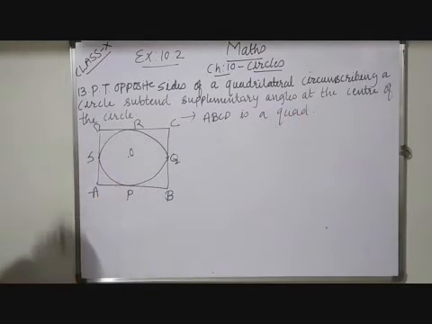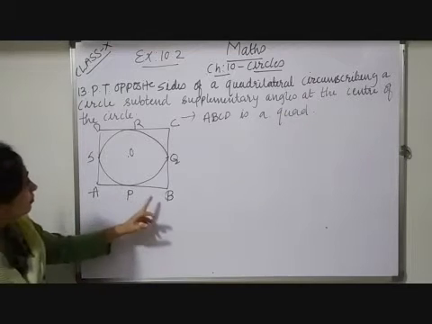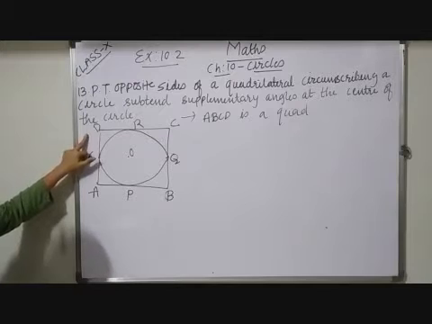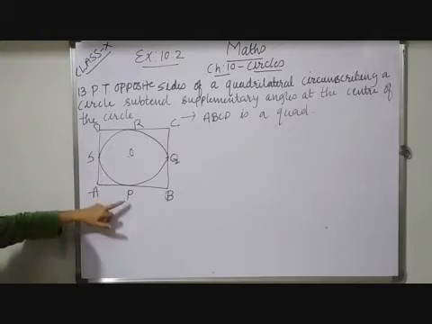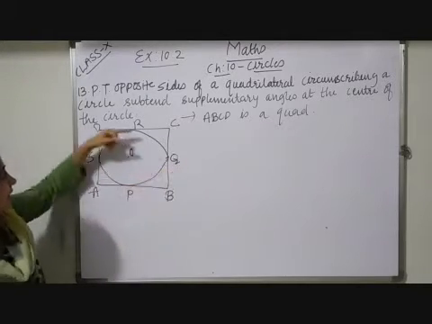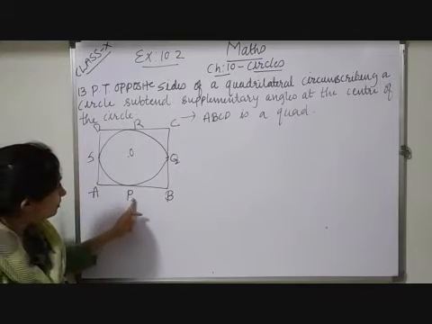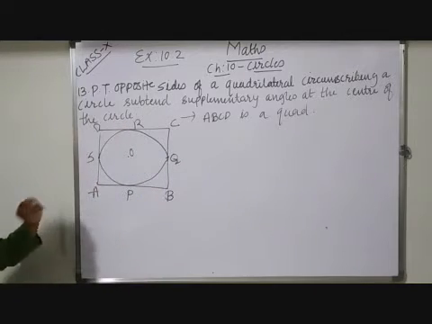Now here one more thing: A, B, C and D are exterior points of the circle, and AB, BC, CD and AD will be tangents of the circle which touch it at points P, Q, R and S respectively.